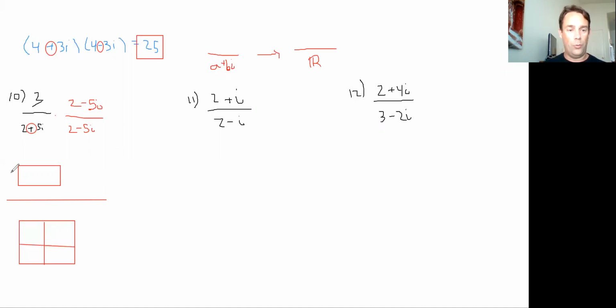Division is really nothing more than a lot of multiplying. So on top, I have 3, and I'm going to multiply by 2 minus 5i. On the bottom, I have 2 plus 5i, and I have 2 minus 5i.